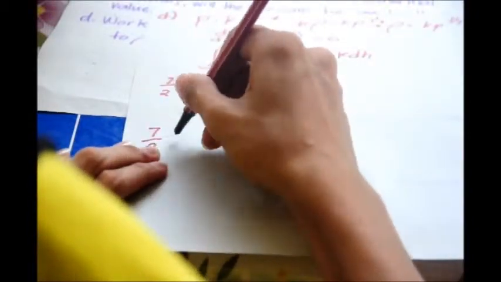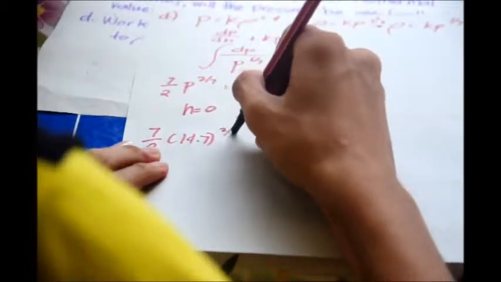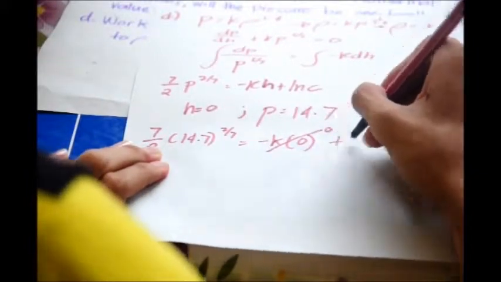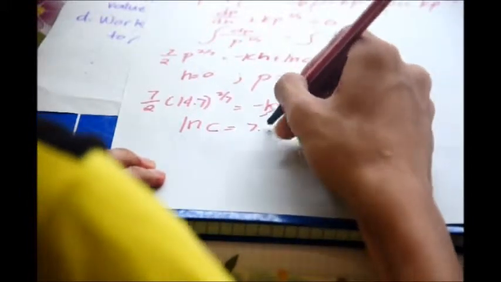That's 7/2 times 14.7 to the 2/7 equals negative K times 0 plus ln of C. So ln of C equals 7.544.